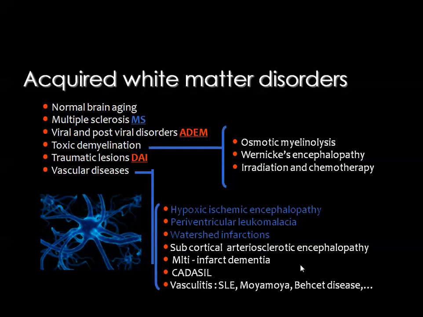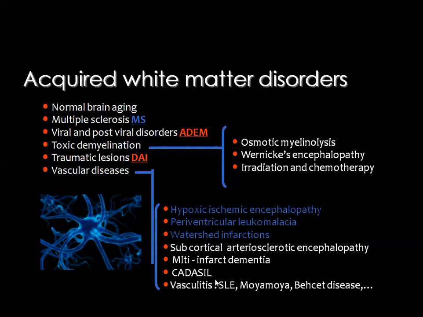You remember we have handled the hypoxic ischemic encephalopathy in the pediatric age group, and we talked about the periventricular leukomalacia in the preterm neonates, and also we discussed the full-term pathology, including the watershed infarctions. But here we will deal with the subcortical arteriosclerotic leukoencephalopathy and the multi-infarct dementia.